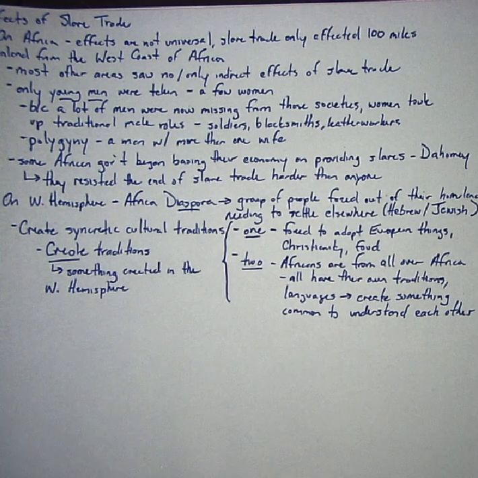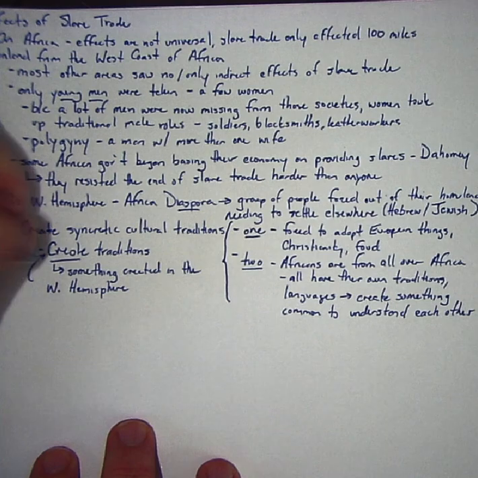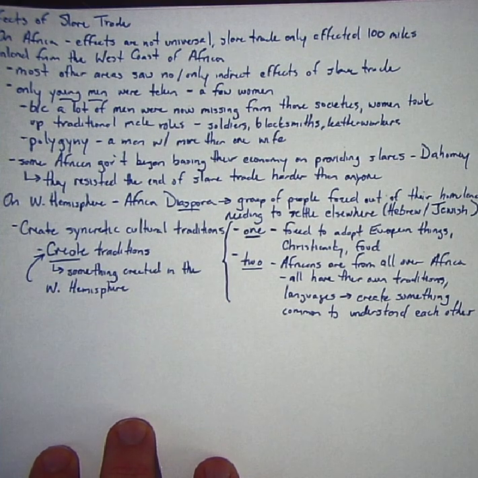Because if you remember, Creoles in the Spanish social hierarchy were people who were European, but they were born in the Western Hemisphere. So we're going to create a more general term to denote things that the Africans created in the Western Hemisphere. They're going to take pieces of the Europeans, and they're going to take pieces from a variety of African societies and create something new. And we're going to call these things Creole things.